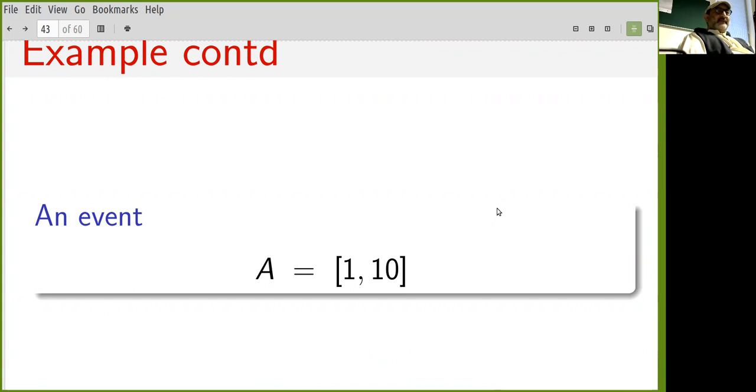That's the closed interval from 1 to 10, right? So this is an event. It's a subset of all the possible outcomes.